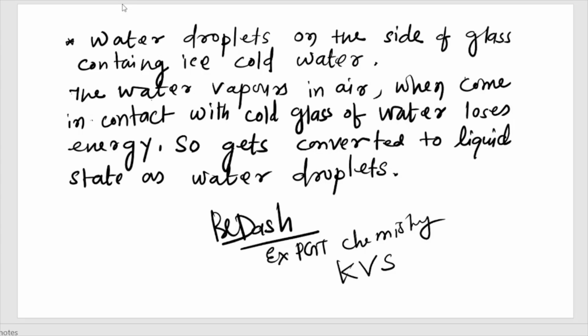The water vapor present in the outer atmospheric air comes in contact with the glass of cool water, then loses energy and gets converted to the liquid state as water droplets.